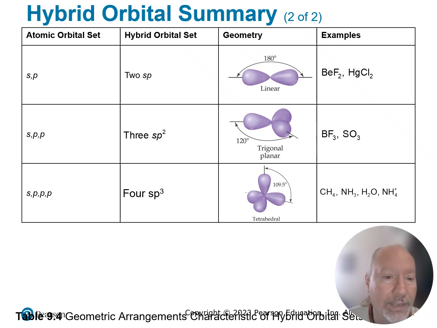The sp atomic orbital set for the central atom, which is beryllium, comes together to form sp. And so you get two sp orbitals that can bond with fluorine, or mercury can bond with chlorine. We could have an s and two p orbitals. We have three sp2 orbitals. They come together to form a trigonal planar geometry at that central atom. So boron can form this trigonal planar structure, and so can sulfur in this sulfur trioxide molecule.